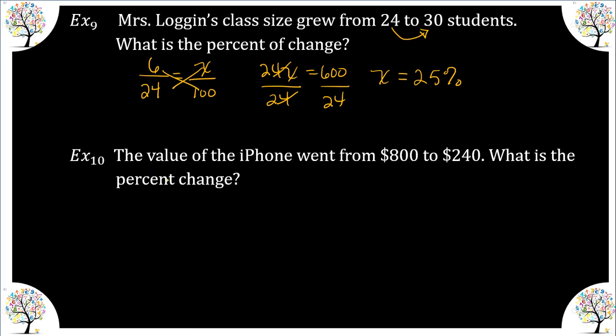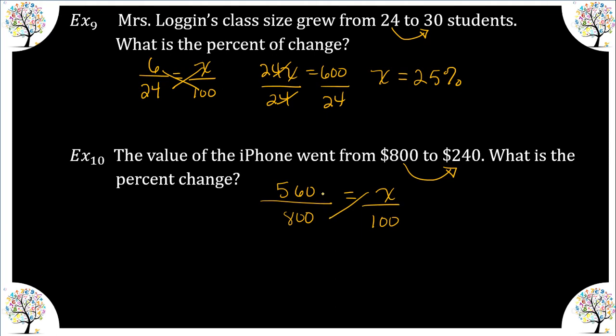The value of the iPhone went from $800 to $240. What is the percent change? So we're going to find the percent of decrease. So we're going to subtract 800 minus 240 because that's how much it changed, which is $560 over the original amount. And we're going to set it equal to x over 100.